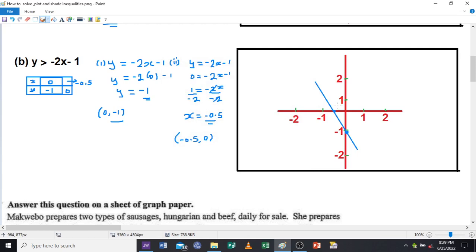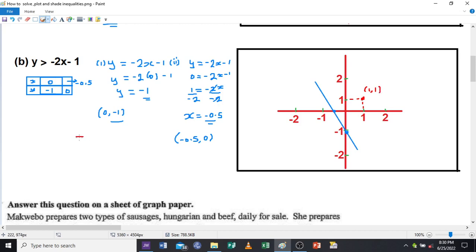So this time, why don't we pick maybe 1, 1, right? Remember, it is on the upper part of the line. So we can test using 1, 1 as our testing point.